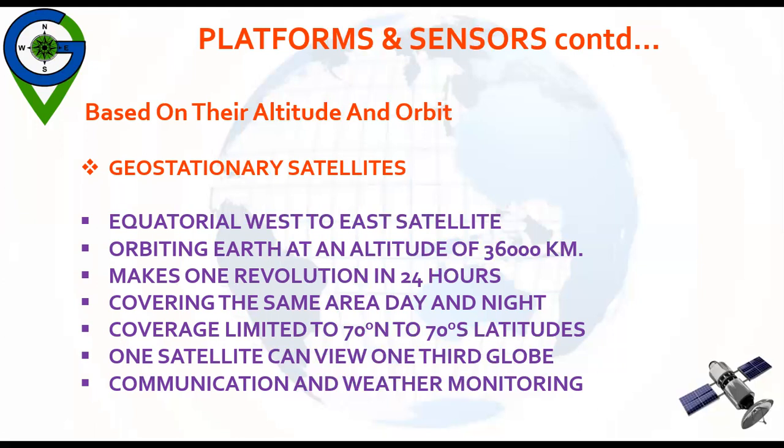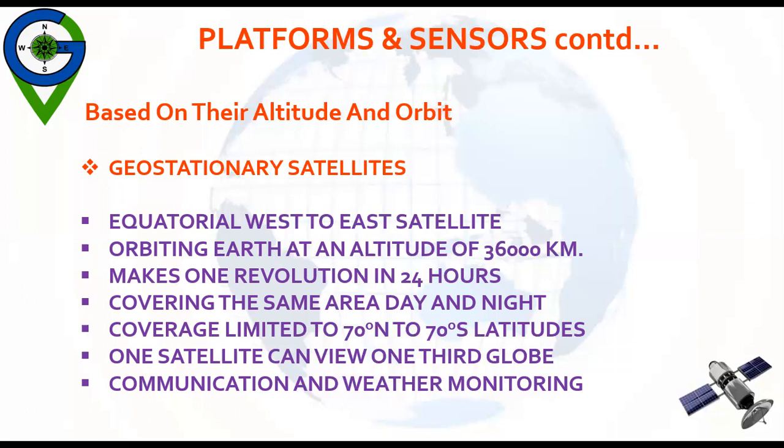And the next characteristic of a geostationary satellite is that it is covering the same area day and night. It always sees the same area, but its coverage is limited to 70° north to 70° south latitudes.